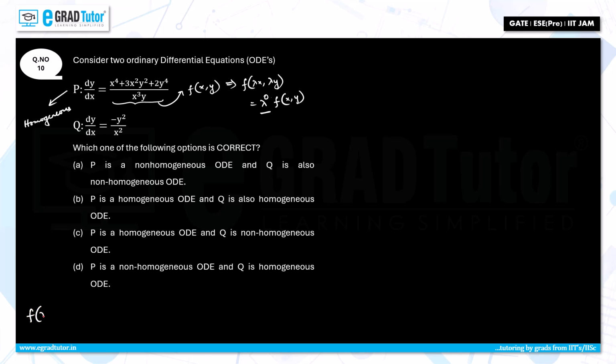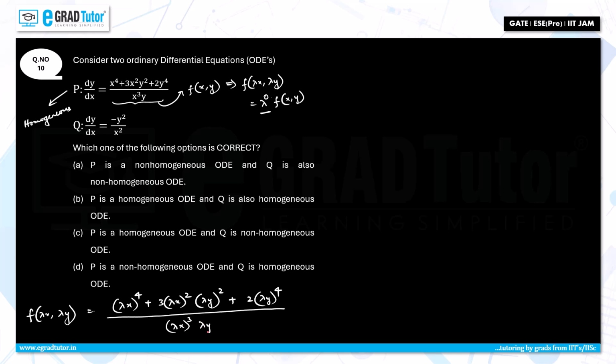That is, taking f of lambda x comma lambda y, that is lambda x power 4 plus 3 lambda x the whole square into lambda y the whole square plus 2 lambda y the whole power 4 by lambda x the whole cube into lambda y.